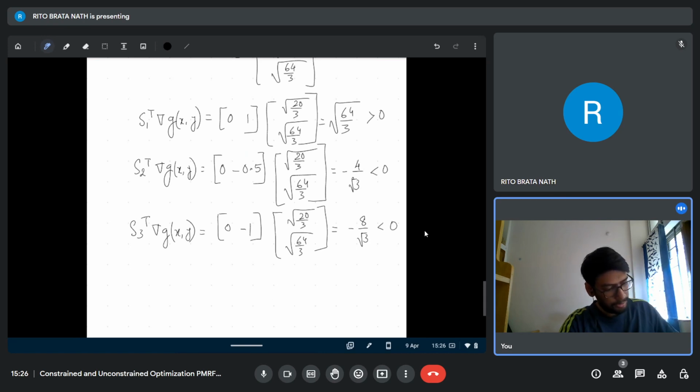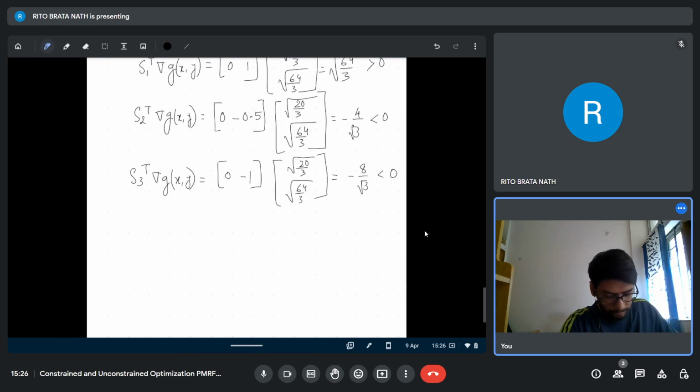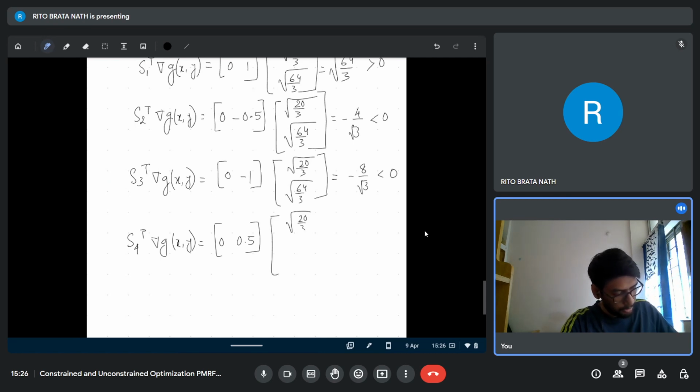This is less than 0. And finally, it is 0 and 0.5. So this will be 4 by root 3. This is greater than 0.